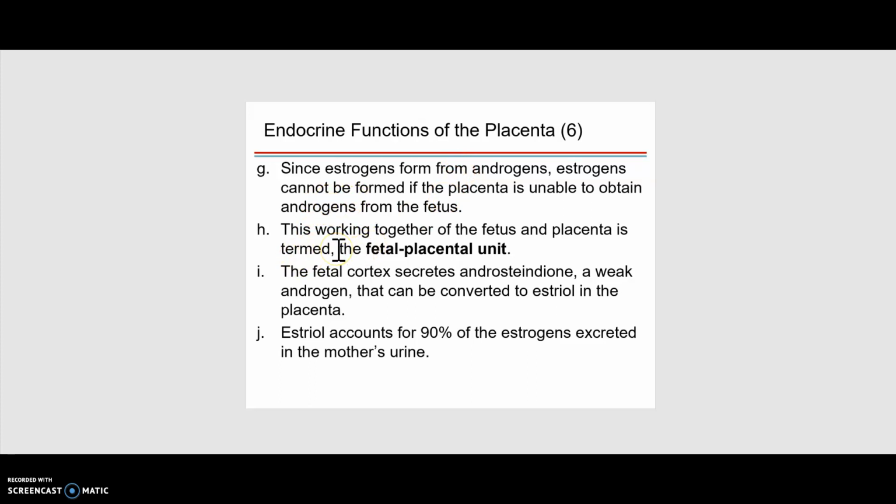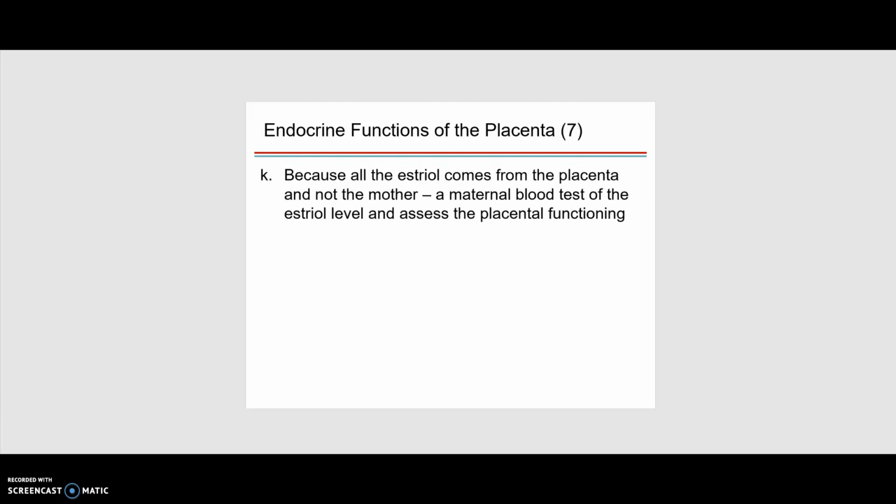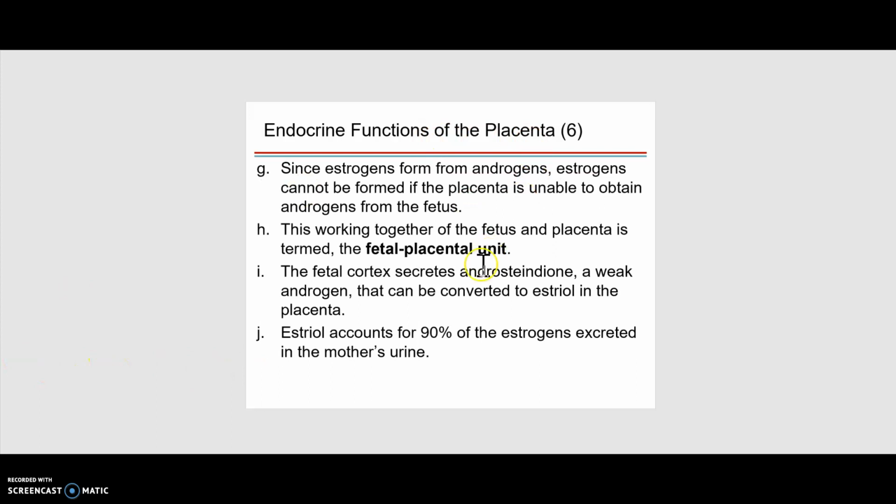So the fetal adrenal cortex must provide the androgens. Because all estriol comes from the placenta and not the mother, the estriol levels within the mother could be assayed, and if the levels are low, that may mean the pregnancy is in jeopardy, is what it says, and you can read through that.